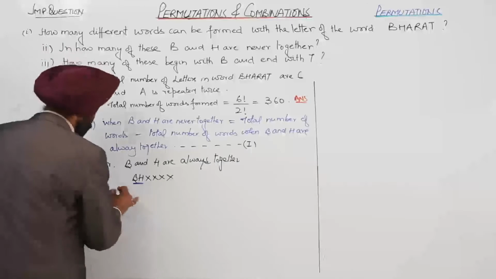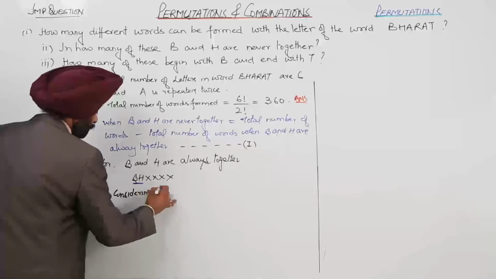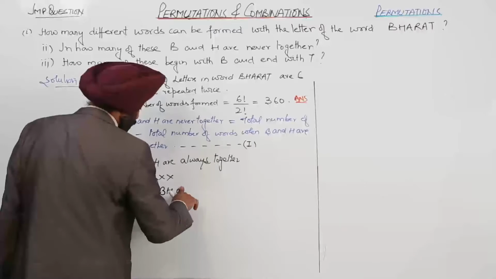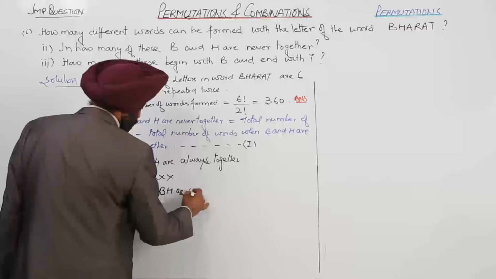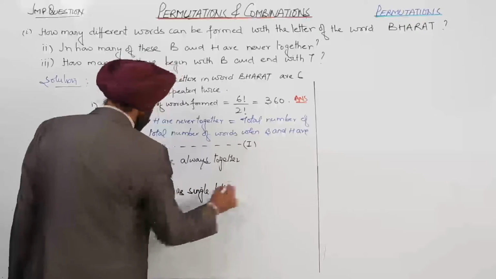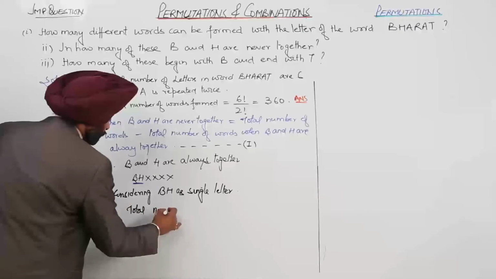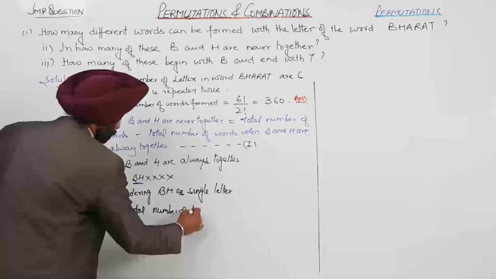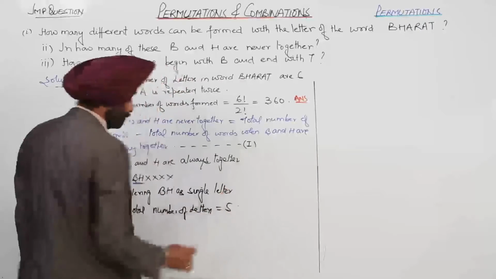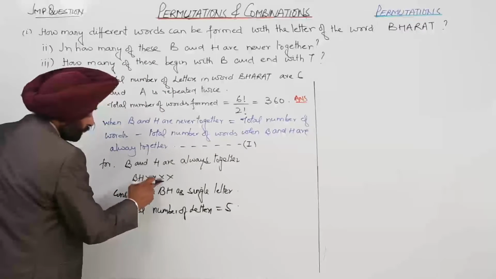Now considering BH as a single letter, the total number of letters is equal to 5: 1, 2, 3, 4 and 5.